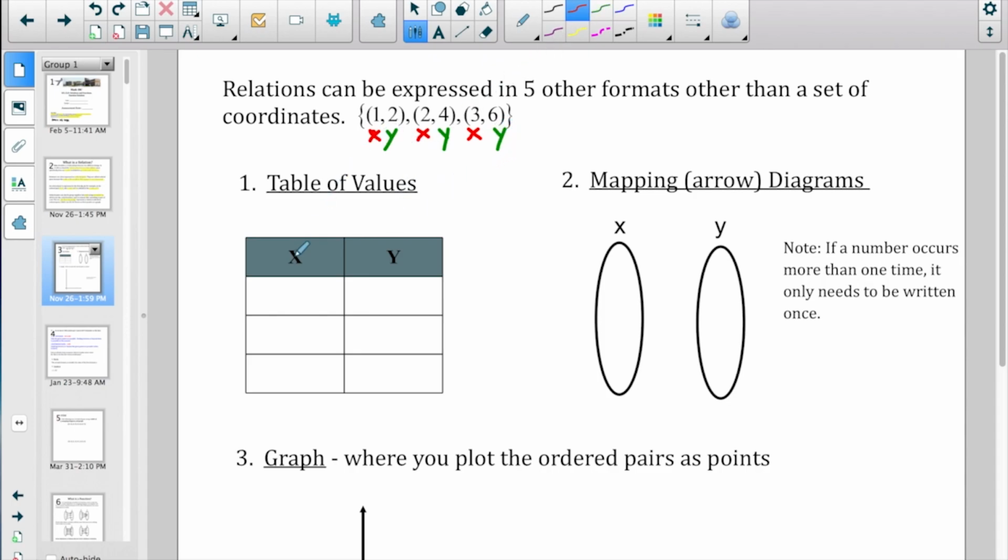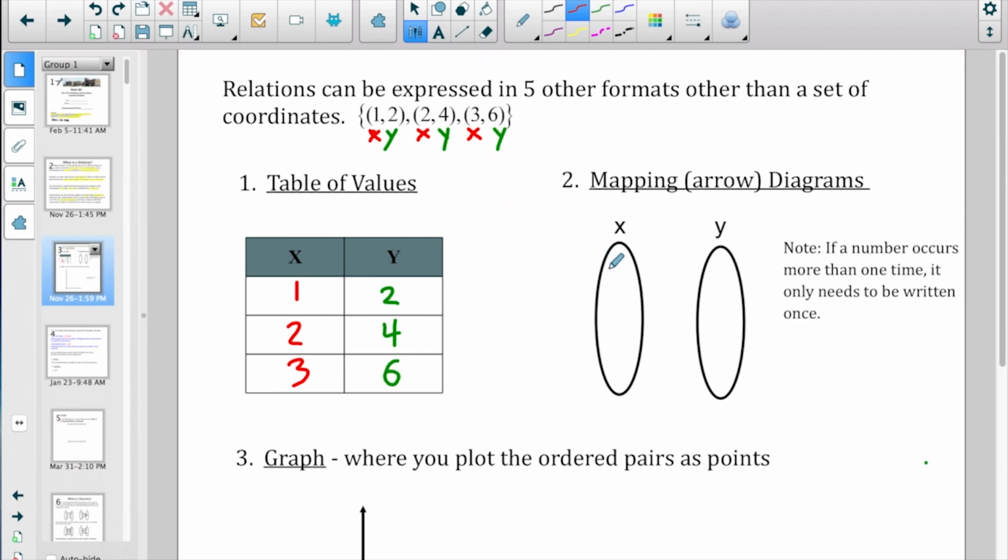Let's fill in our table of values. We've got 1, 2, and 3, and we can see that the x value of 1 is related to a y value of 2, an x value of 2 is related to a y value of 4, and finally the x value of 3 is related to a y value of 6.